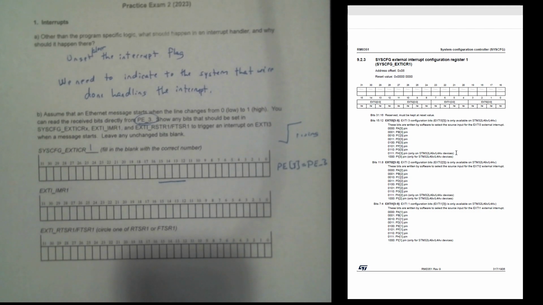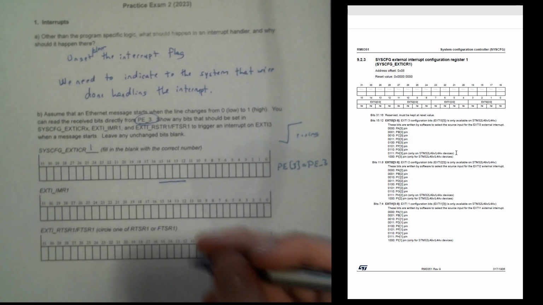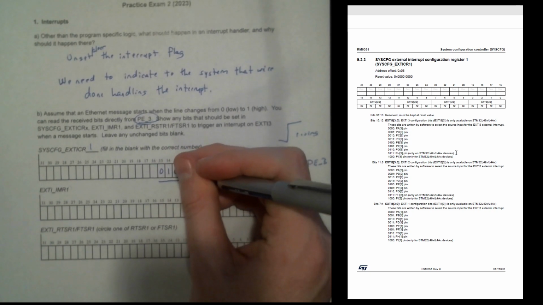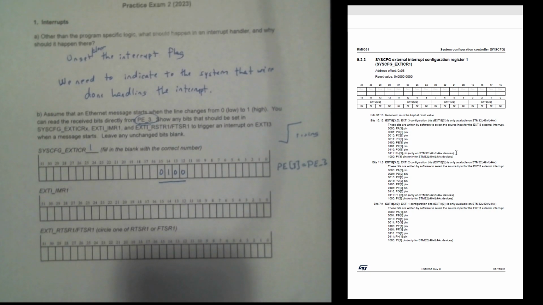It's unfortunate the manual uses a bunch of different terms for the same pins, but in this case we should just know that that's the same thing. So we're going to fill in the value 0100, which is binary for 4, and if we just count up from PA, PB, PC, PD, PE, that's 0, 1, 2, 3, 4. And so that's the value we're showing there.